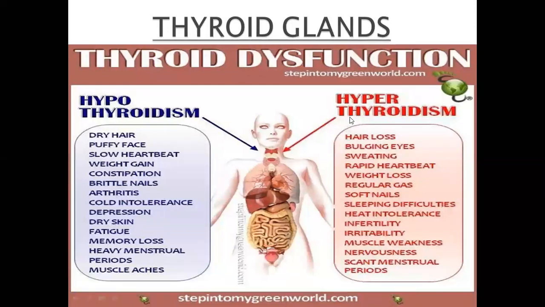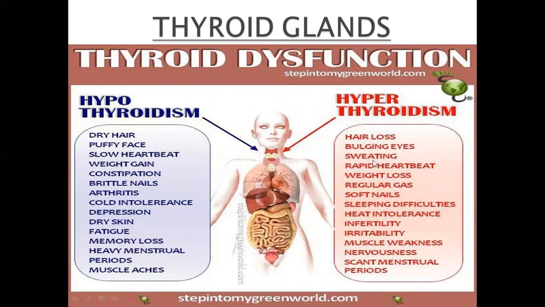Next is thyroid dysfunction. You can see here, this is hypothyroidism and this is hyperthyroidism, where the thyroid hormones are less and where the thyroid hormones are in excess. So here are dry hair, puffy face, low heartbeat, weight gain, constipation, brittle nails, arthritis, cold intolerance, depression, dry skin, fatigue, memory loss, heavy menstrual periods, muscle aches. This is all due to hypothyroidism.